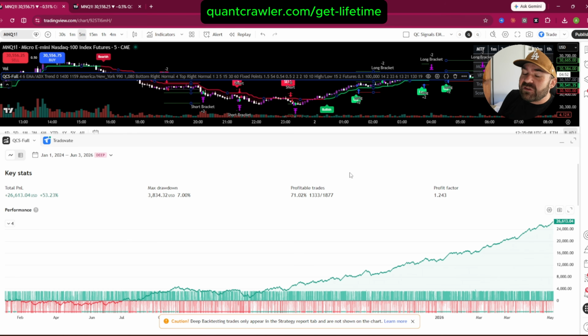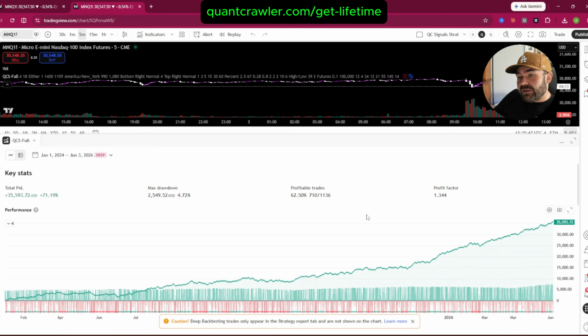So 55 points on a stop loss when MNQ was $20,000 is significantly different percentage wise than it is now when it's over $30,000. So I do a percentage based scale on the second chart, which is why on the second strategy the drawdown is actually better and the P&L is comparable. So let me show you that one from January 1 of 2024 to June 3 of 2026 as well, so you can see the difference.